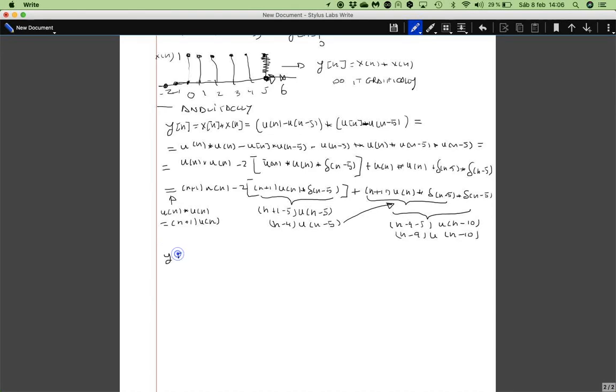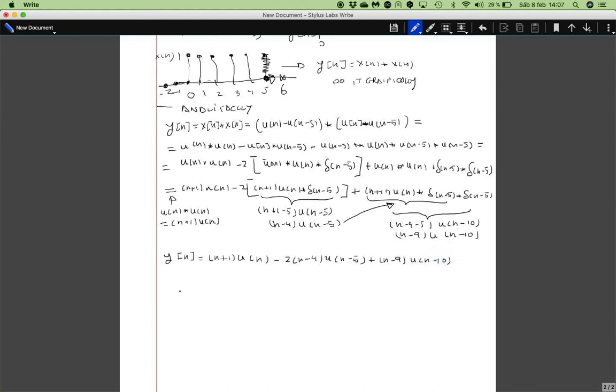So at the end, what we have is y[n] equals (n plus 1) u[n] minus 2 times (n minus 4) u[n minus 5] plus (n minus 9) multiplied by u[n minus 10].